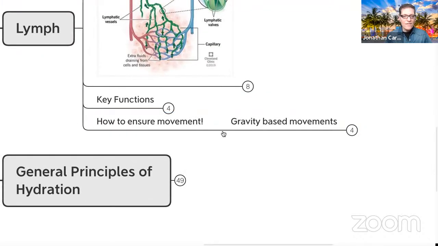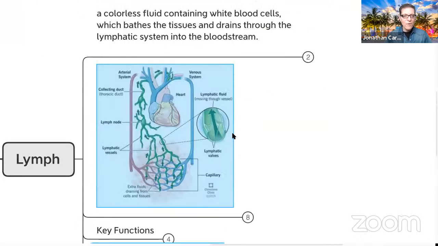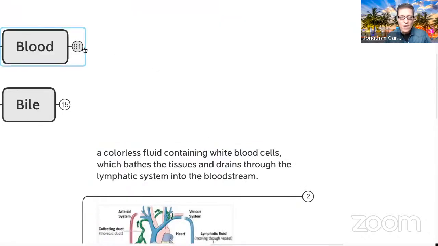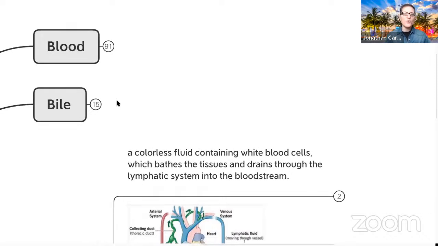Okay, so we have done so far, basically, we now understand the blood and how it's broken up and how fluid and various things are transported through the blood. We understand the function of bile and how important it is for fats, as well as hormones, and how important it is for you to give your digestive system a rest.